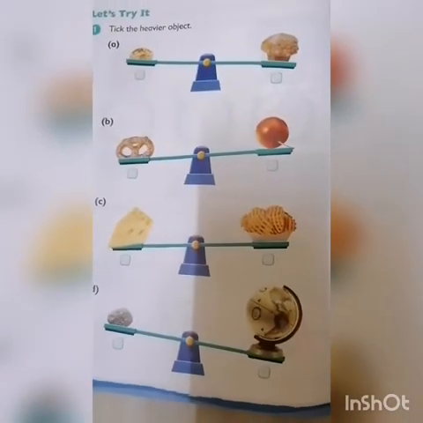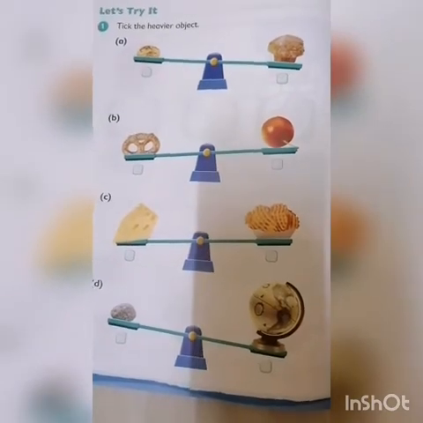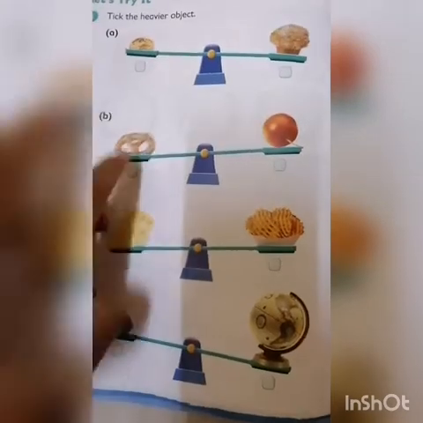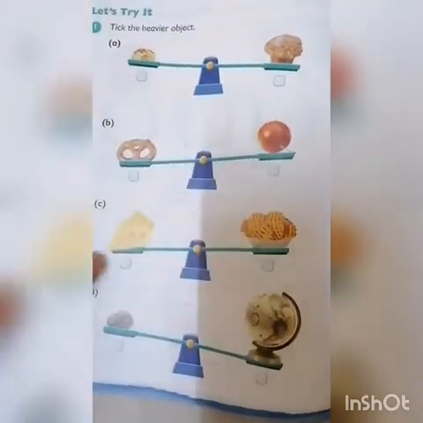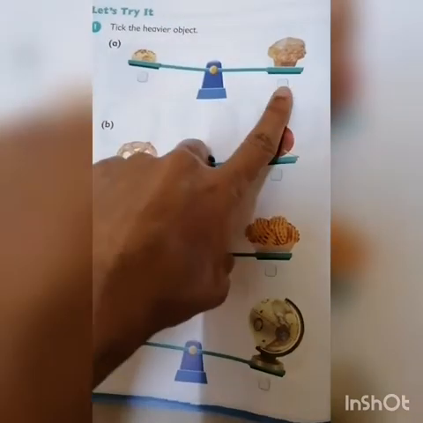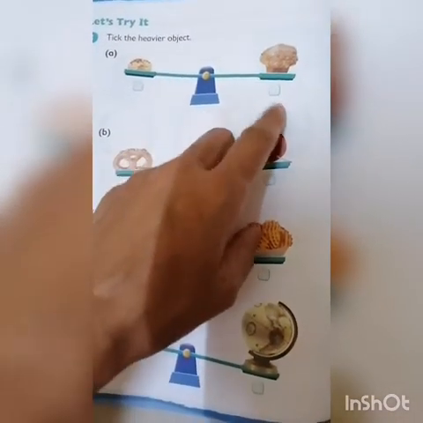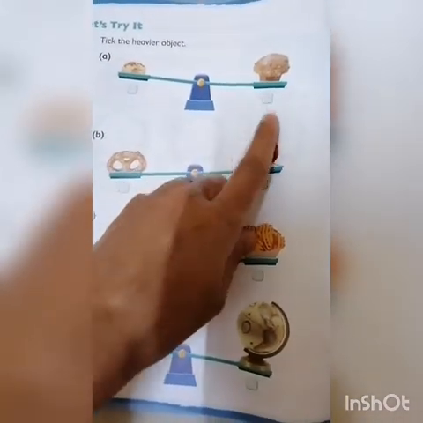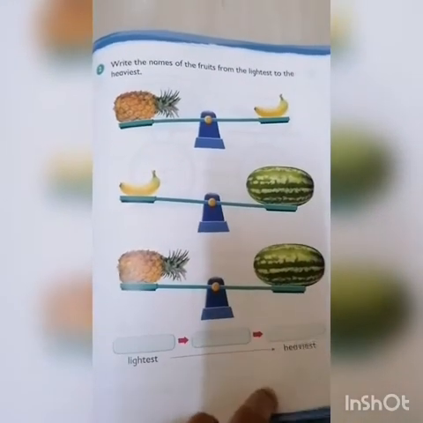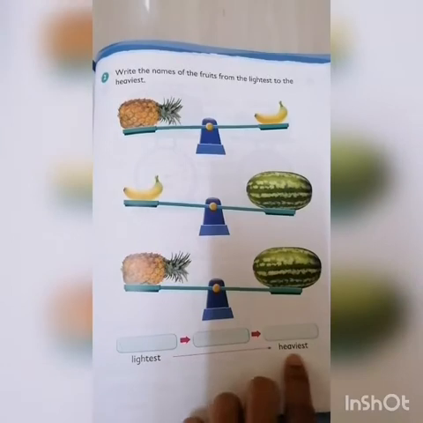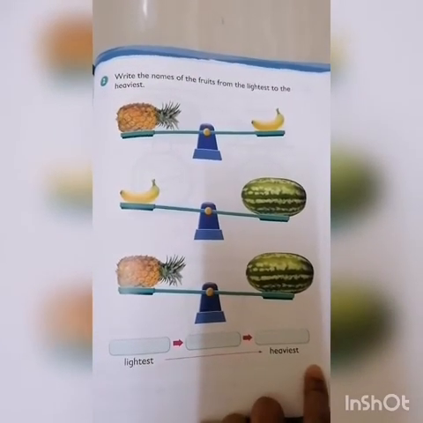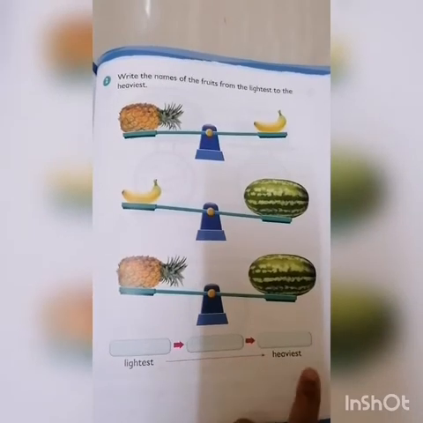Here you have to take the heavier object. Which one do you think is heavier? Okay, have a look at this. So here we have cookies and cupcake. Which one do you think is heavier? Yes, for sure, it is the cupcake, and it's putting the scale down. So we tick this. I want you to do these 2 pages, please. Then here you have to write which one is the lightest, which one is the heaviest, from the lightest to the heaviest.